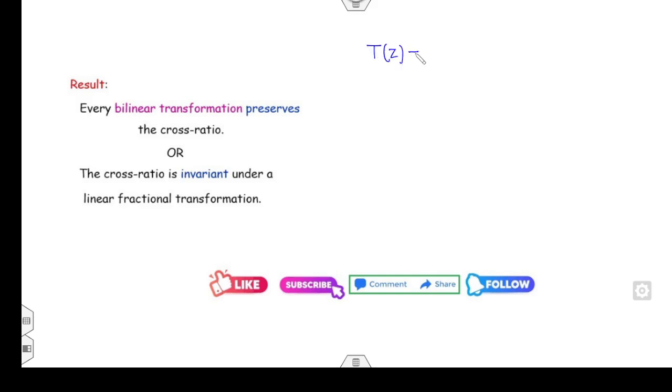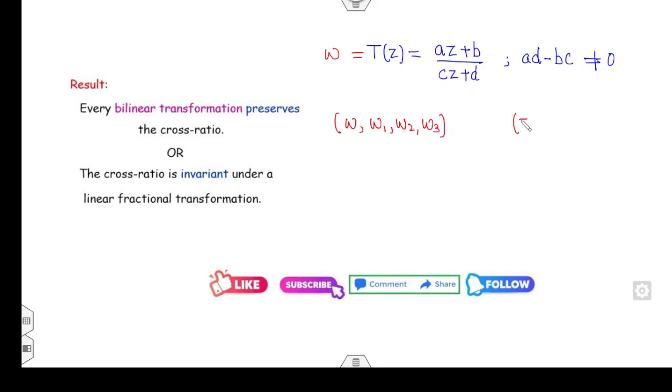That means if you have a bilinear transformation, also called a Mobius transformation, w = (az + b)/(cz + d), such that ad minus bc is non-zero, then corresponding to the four complex numbers w, w1, w2 and w3, corresponding to the complex numbers z, z1, z2 and z3, the cross ratio of z, z1, z2, z3 equals the cross ratio of w, w1, w2, w3; they are all equal.